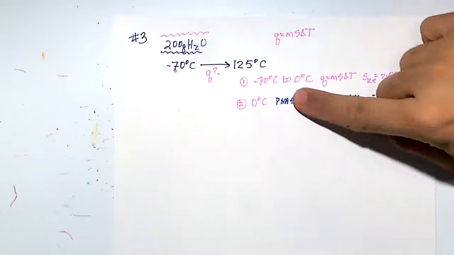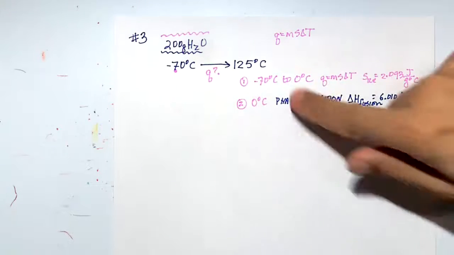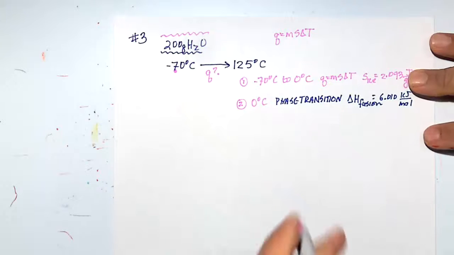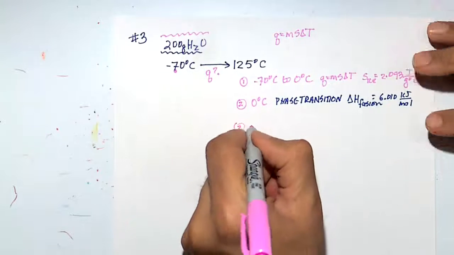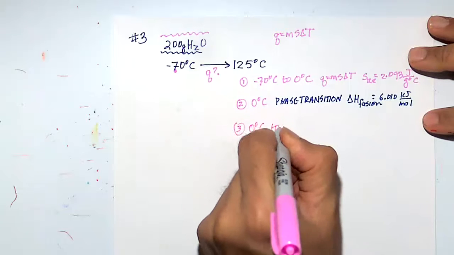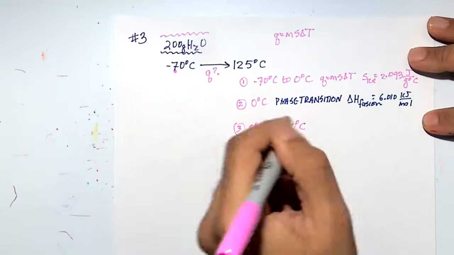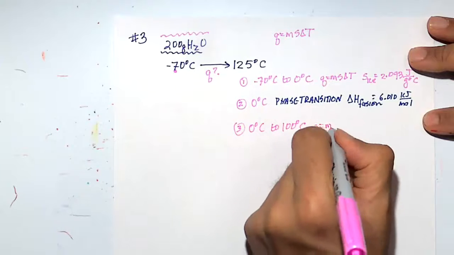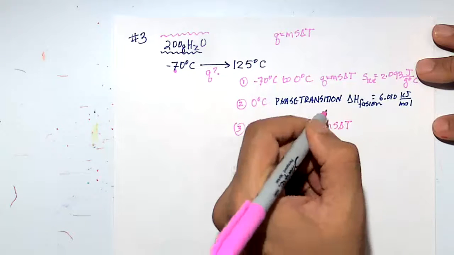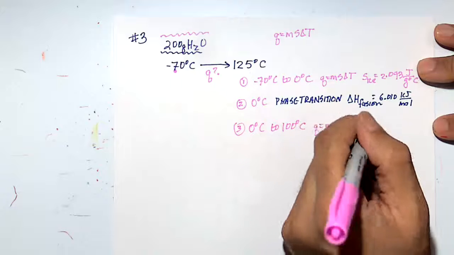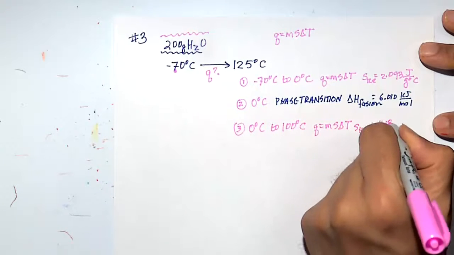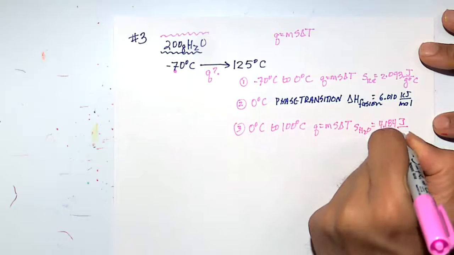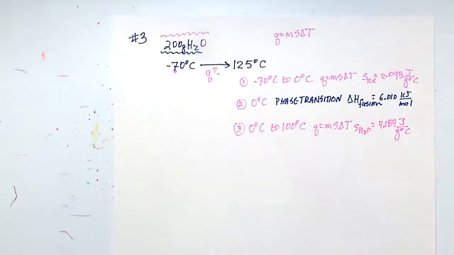All right, once we overcome 0 degrees in our heating from minus 70 to 125, we're at step 3. And at step 3, you want to go from 0 degrees to 100 degrees. Here you're going to use Q equals m s delta T, and you will also use the specific heat of liquid water, which is about 4.184 joules per gram degrees C. Again, I will give you the constants.